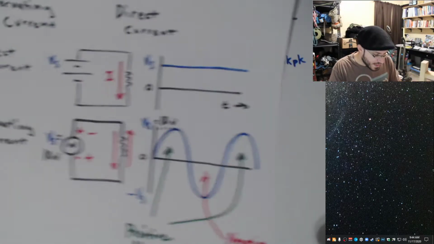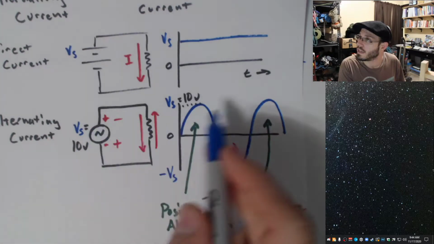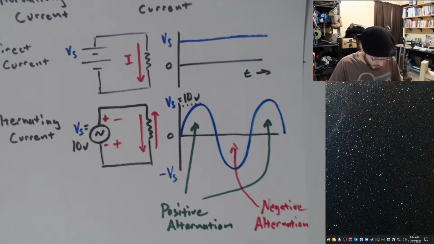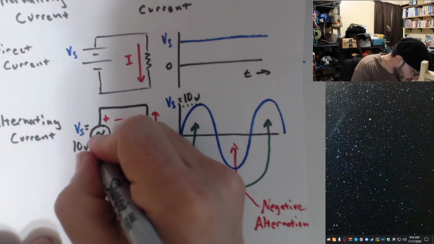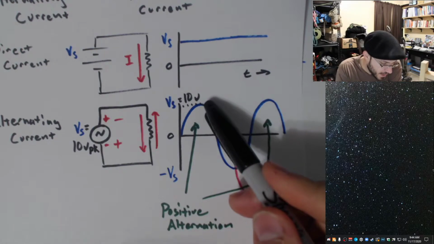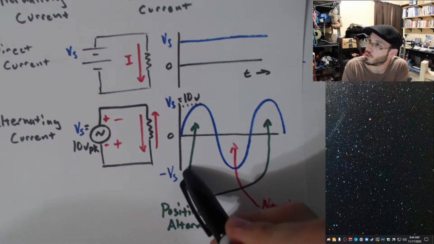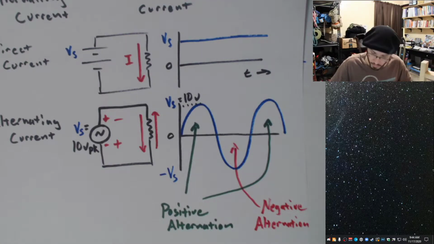So in this instance over here, where our V sub S is 10 volts, this is actually 10 volts peak. And if it goes up to 10 volts, then it also goes down to minus 10 volts.